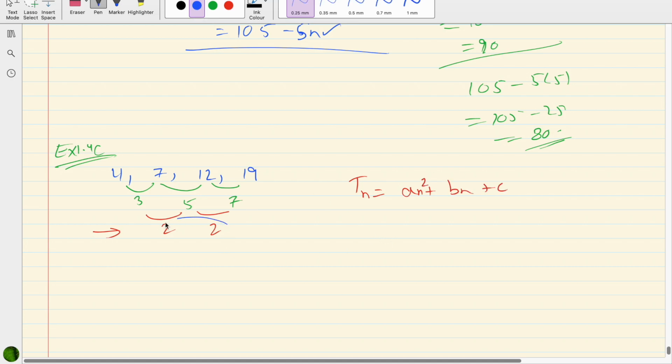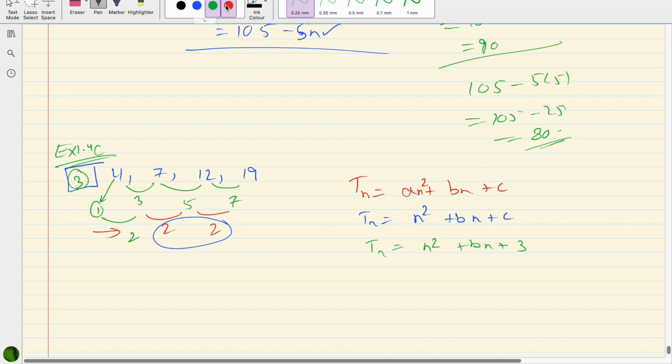Now a is half of second difference, so Tn is equal to 1n square plus bn plus c, and c is the 0th term. To find the 0th term, I'm going back: 7 minus 5 is 2, 4 minus 1 is 3. So I get the value of c. Tn is equal to n square plus bn plus 3.